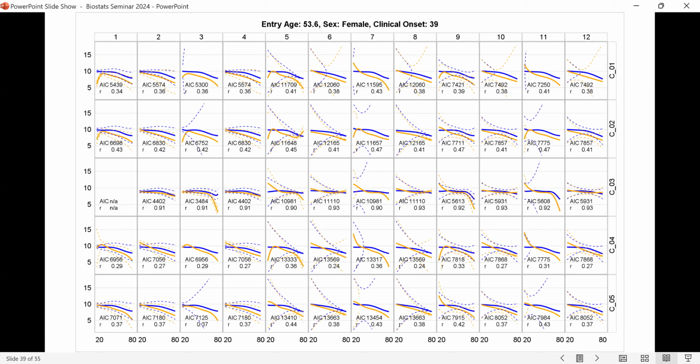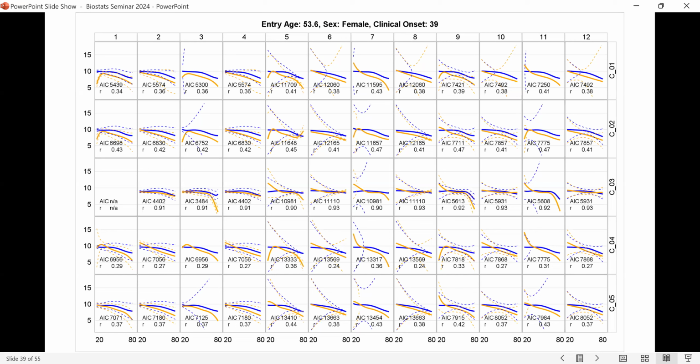Back to the graph: how do we select the best fit? Besides the model fit indices, AIC and BIC, we have to observe the pattern of the trajectory for all the combinations. We have 12 different hyperparameter combinations and 52 covariate patterns, so that's 12 times 52 we have to observe.